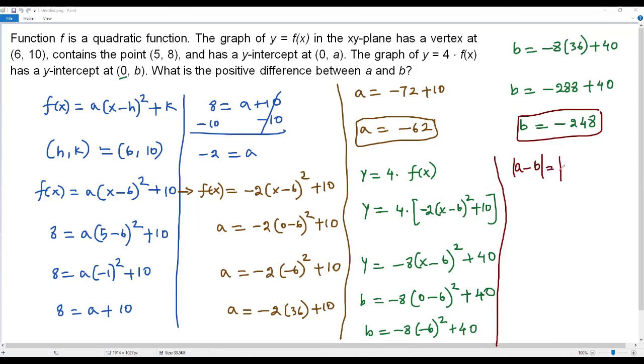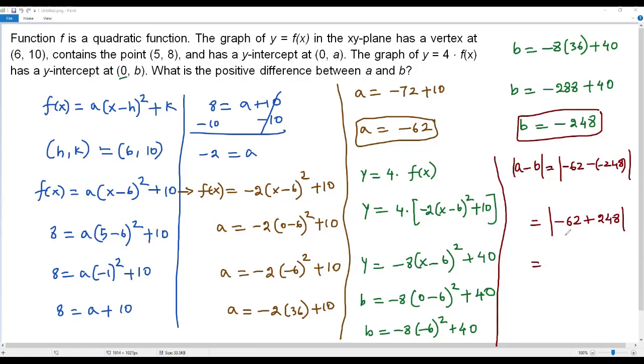Okay, now let me plug in the values. a is negative 62, and this negative is taken to find the difference, so this negative is taken as this, and the value of b is negative 248. Let me write it. Okay, now absolute value of negative 62 and the negative times negative sign will become positive 248.